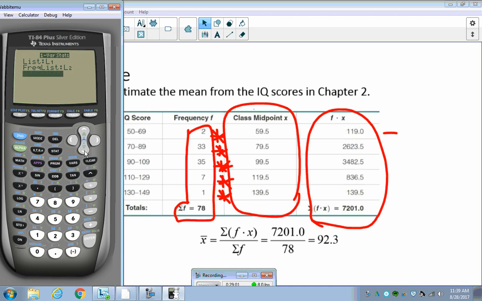Then I'm going to cursor down with calculate being highlighted and press enter. Those of you with the 83s, you can just press enter after you type L1, L2. Okay? And once we do that, then we both have the same screen again.